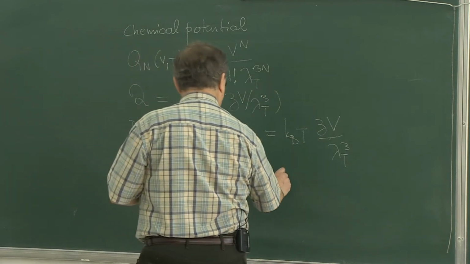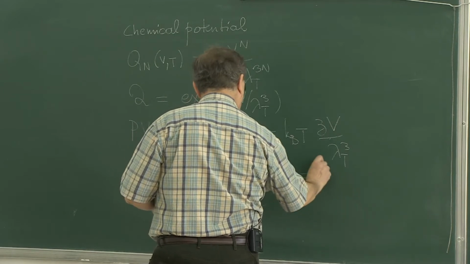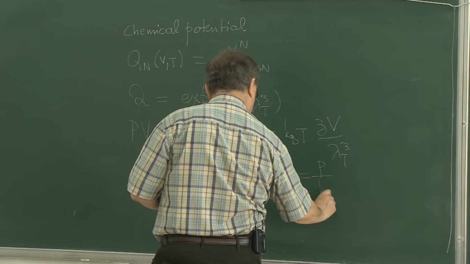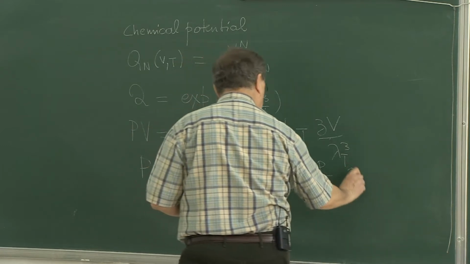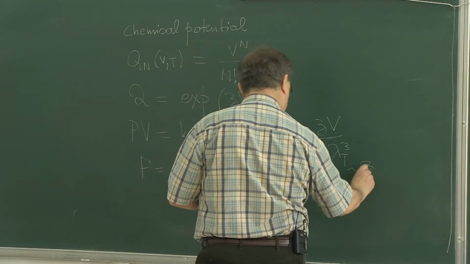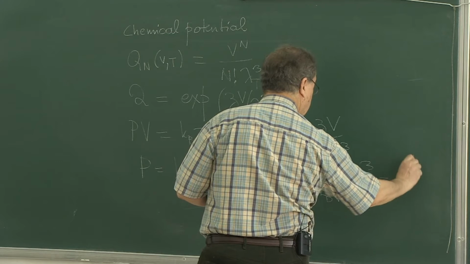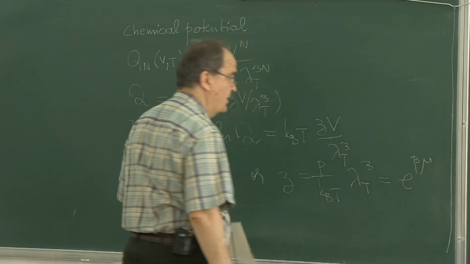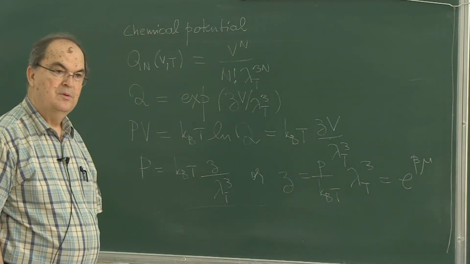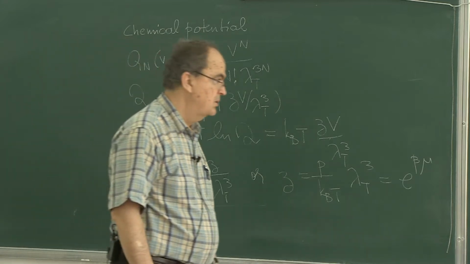So z is P over k_B T times lambda_T cubed. Since z is e to the beta mu, we can get mu, the chemical potential.